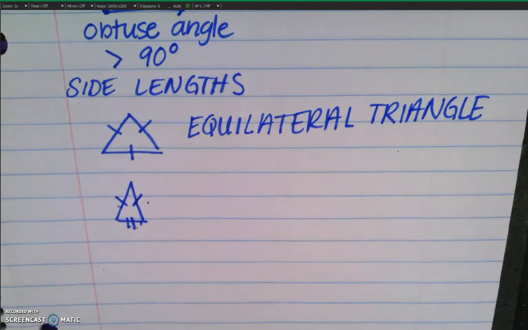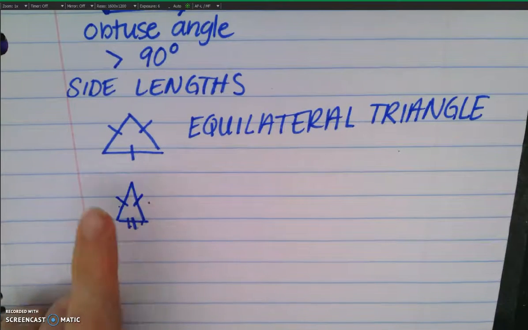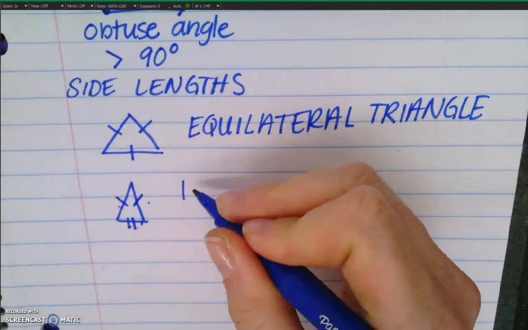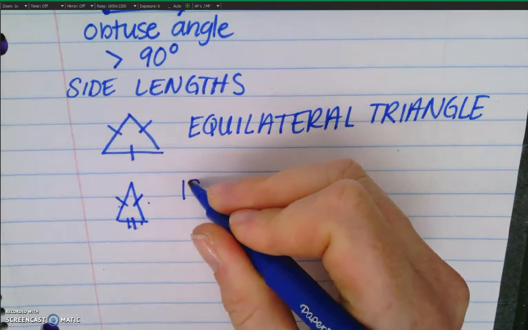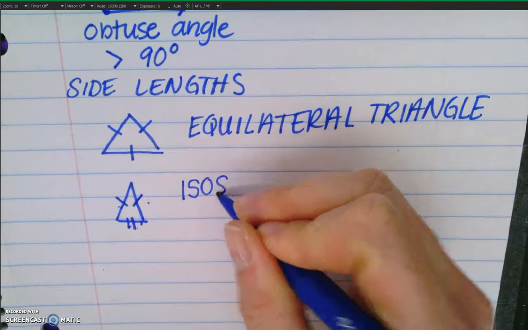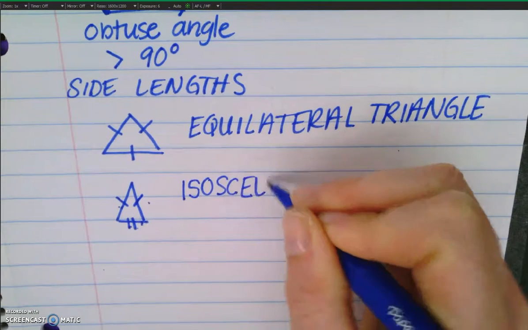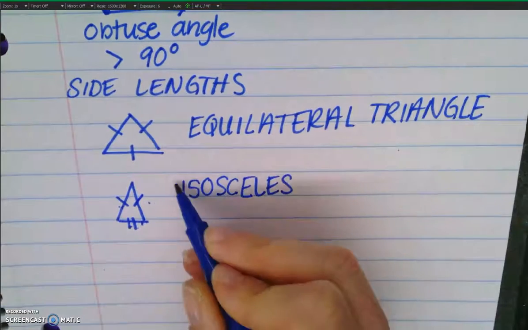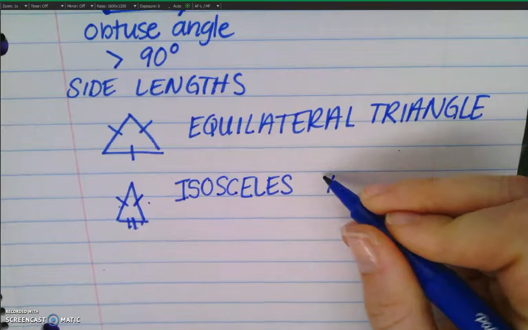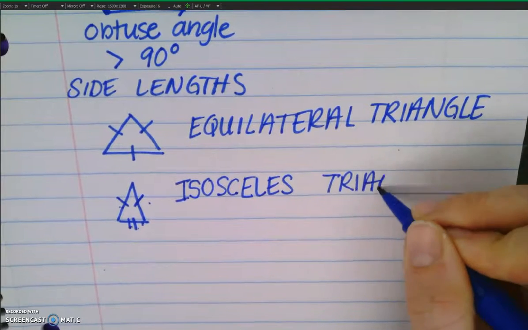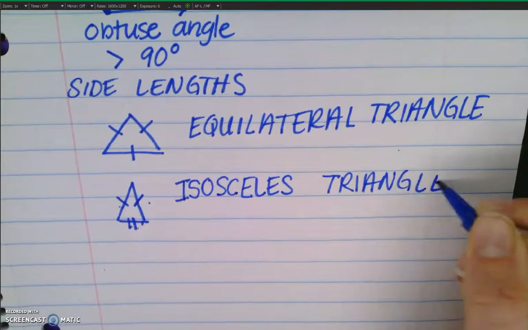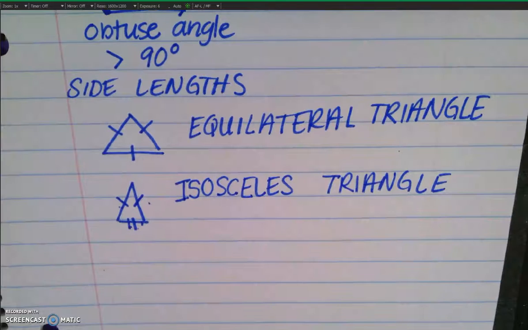One of the sides is isolated. It's different than the other 2 sides. This is called an isosceles, and it's spelled I-S-O-S-C-E-L-E-S. This is an isosceles triangle. Remember, one of the sides is isolated. One of the sides is different.